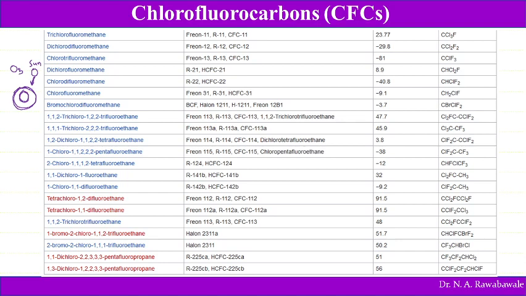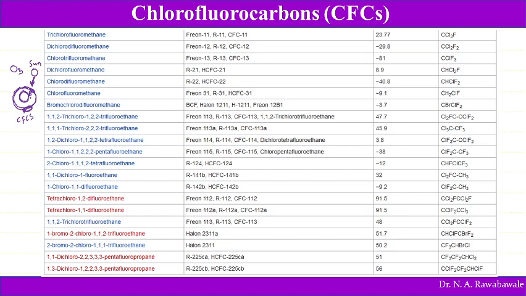It prohibits these ultraviolet radiations from entering the earth's environment. Now these chlorofluorocarbons, CFCs, are going to affect this ozone layer around the earth's surface. And if the ozone layer gets depleted, if it gets destroyed, then the ultraviolet radiations of the sun come directly on the earth.